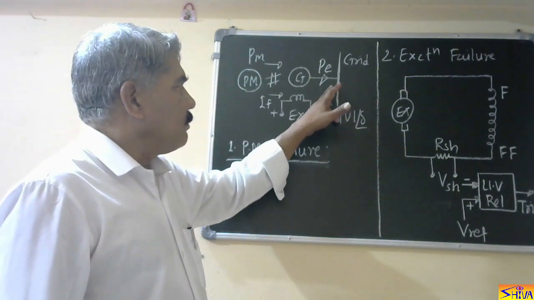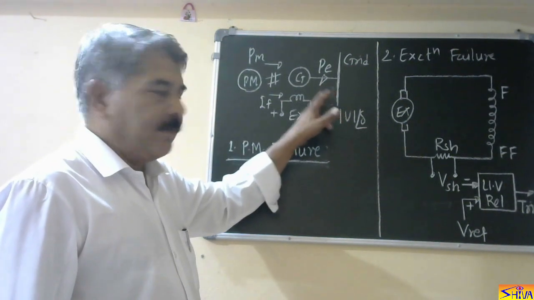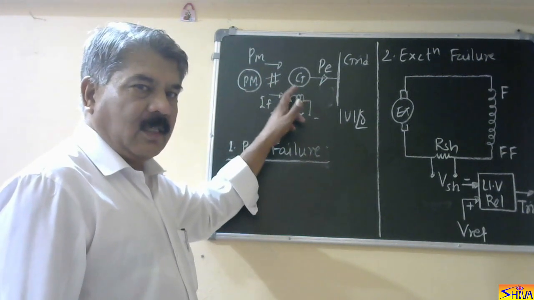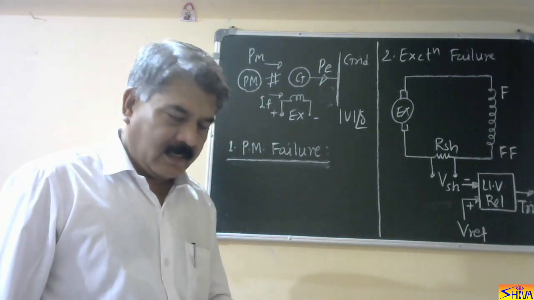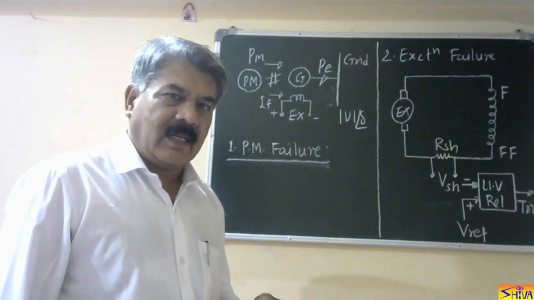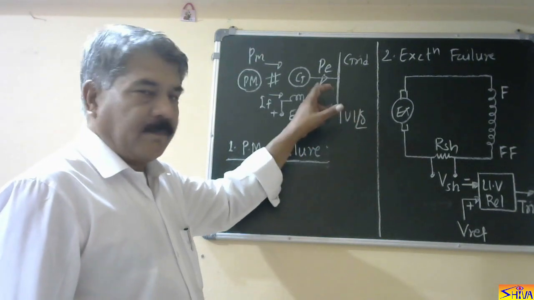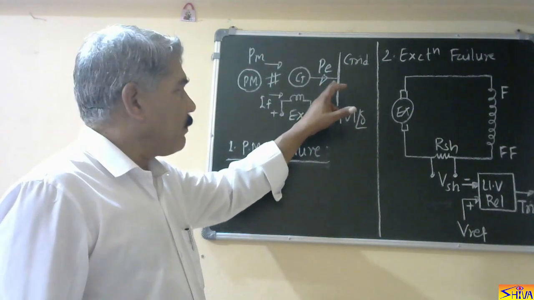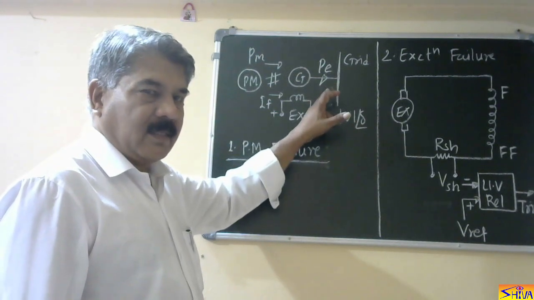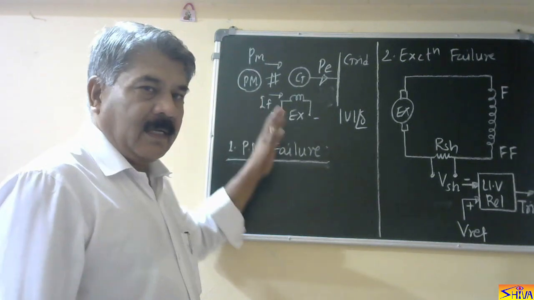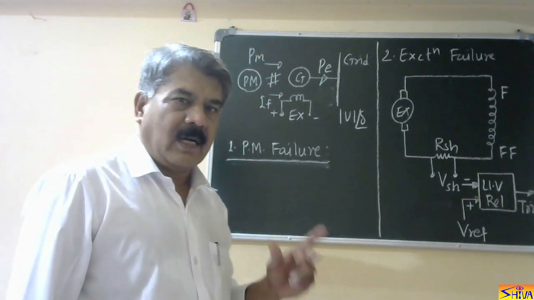And it draws power from this grid and it starts driving this turbine as load on this synchronous motor. So first thing is, it starts working as synchronous motor, starts taking electrical power from this grid or from the system and starts driving this turbine as load. So there are two consequences.